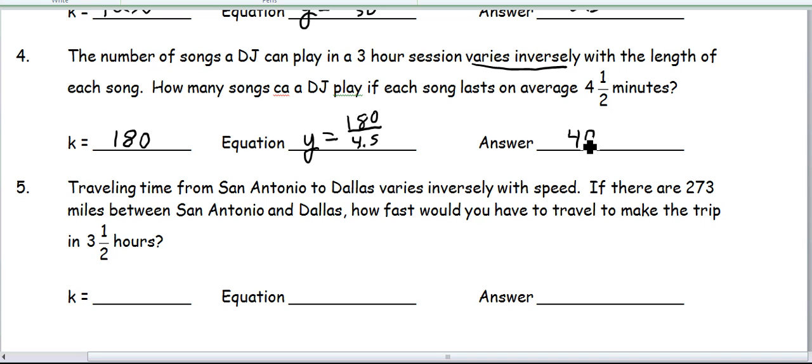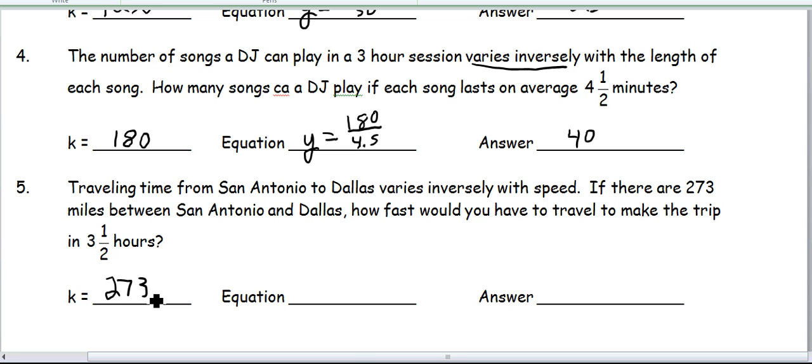All right. Traveling time from San Antonio to Dallas varies inversely with speed. If there are 273 miles between San Antonio and Dallas, how fast would you have to travel to make the trip in 3.5 hours? All right. So here our constant is going to be 273 because the mileage doesn't increase or decrease. You go from one point to the next point, and if you go the same route every time, it's going to be the same distance. So it's constant.